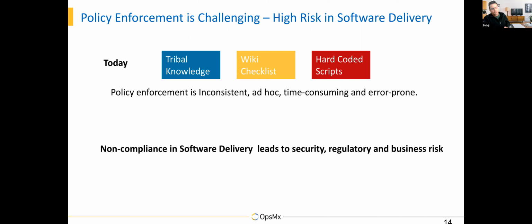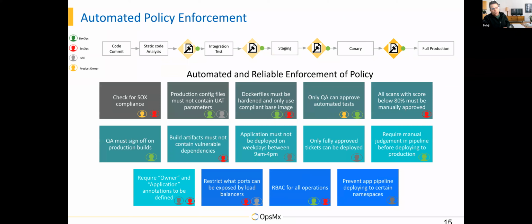And obviously the risk of not enforcing the policies could be disastrous for business reasons, or security or regulation reasons. Could be a lot more damage to be done. So one of the things we try to do is enable automated and reliable enforcement of policy. So you could check for SOX compliance.